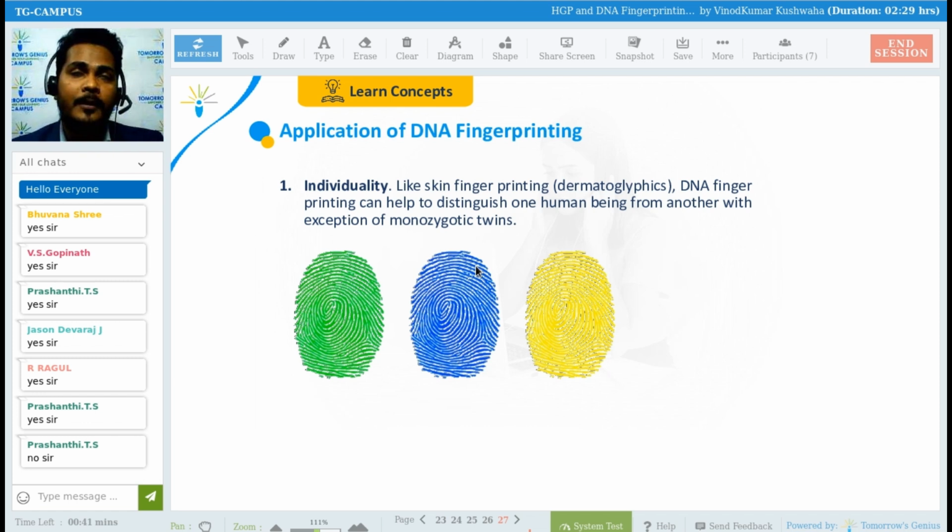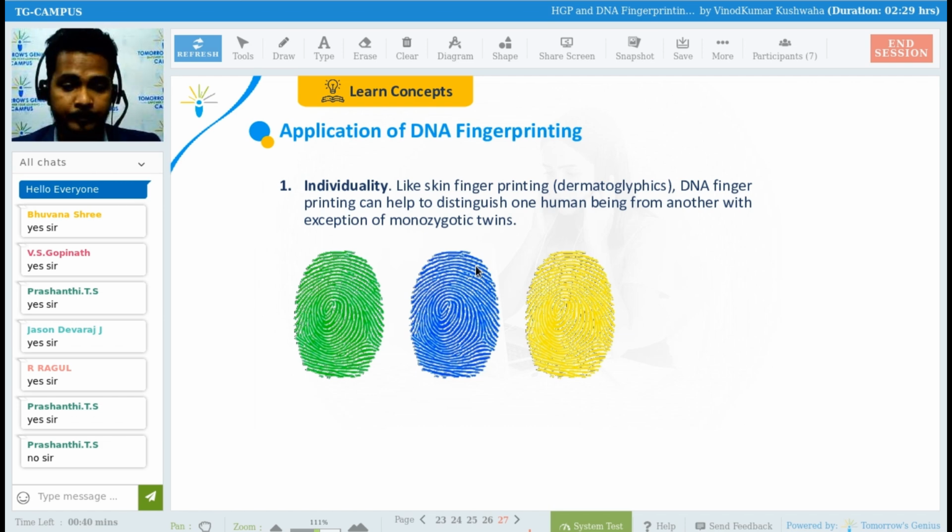So if there is any false thumb impression, how do we identify it? With the help of this technique called DNA fingerprinting, we can identify one human being from another. So whether this person is the same or different, we are able to identify. So the very first application is to identify individuality.